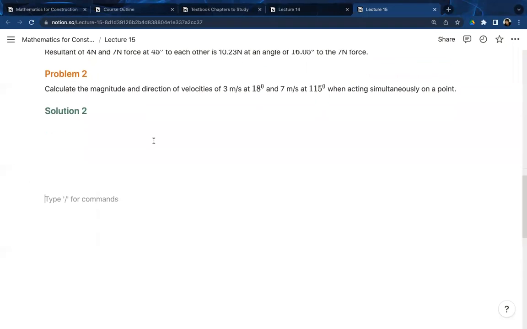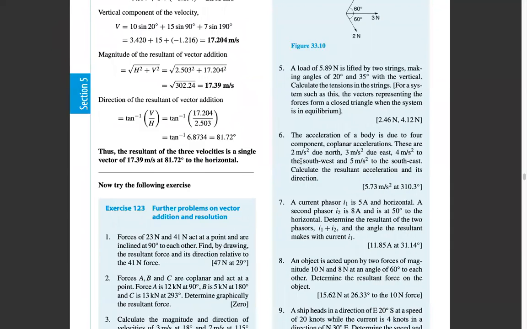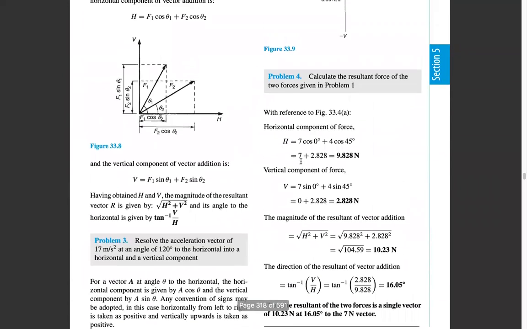So what we could do, we could solve this using resolving vectors. So given these two vectors here, we could resolve them vertically and horizontally, right? So there's a technique here in this last section.